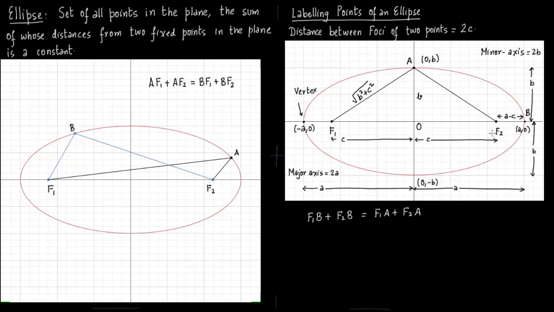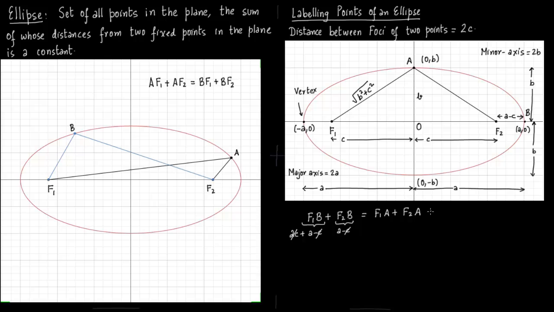The distance F2B is a minus c, because 0 to F2 is c and 0 to B is a. So F2B is just a minus c. What about F1B? F1B first contains F1F2, which will be 2c, and then it will contain F2B, which will be a minus c.